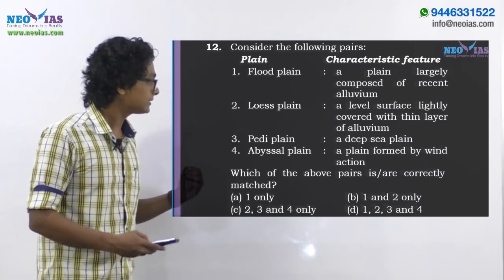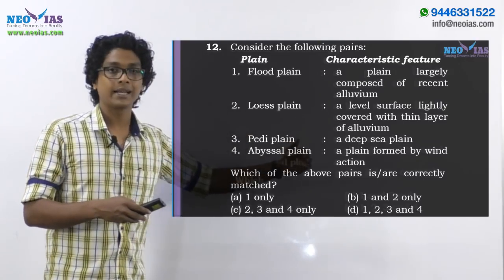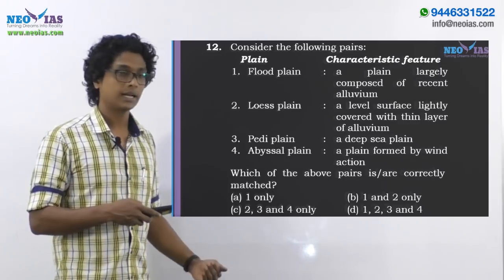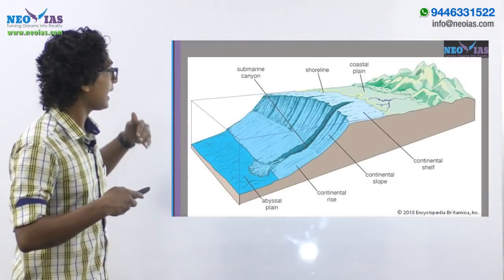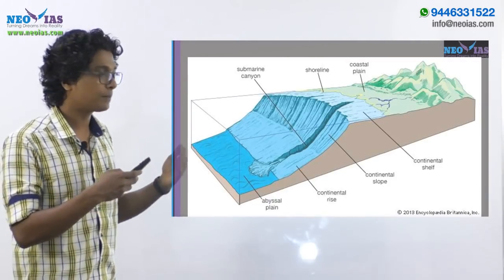Now the peneplains are entirely related to wind erosion, right? The wind has an abrasive power. Abrasive power means eroding away regions. In regions having wind erosion, the wind will be abrading away the particles.